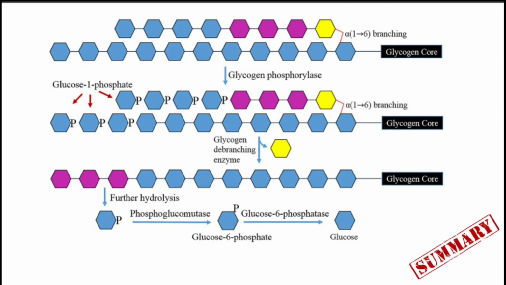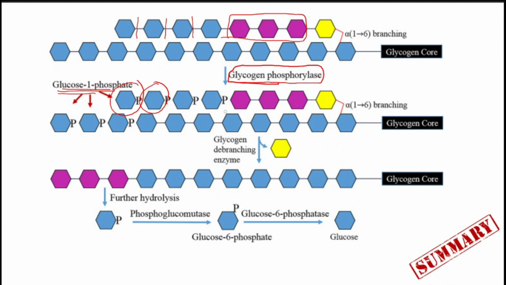To summarize, the key enzyme for glycogen degradation is glycogen phosphorylase. It only acts on the alpha 1,4 linkages, sequentially hydrolyzing till it reaches 3 units away from the branch point, and these glucose units are removed as glucose 1-phosphate.